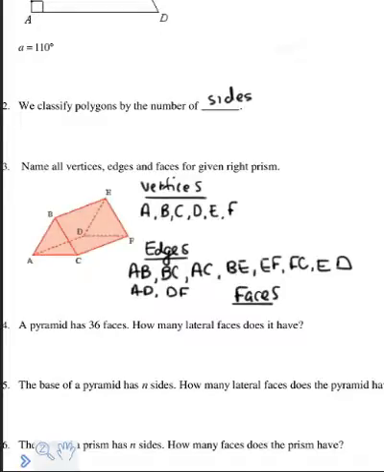Okay, for the faces, we have the two bases, triangle ABC and triangle DEF. Back here when we're talking about edges, the edges are segments, so these should all be segment AB, BC, segment AC. So I'm going to put segment markings here.